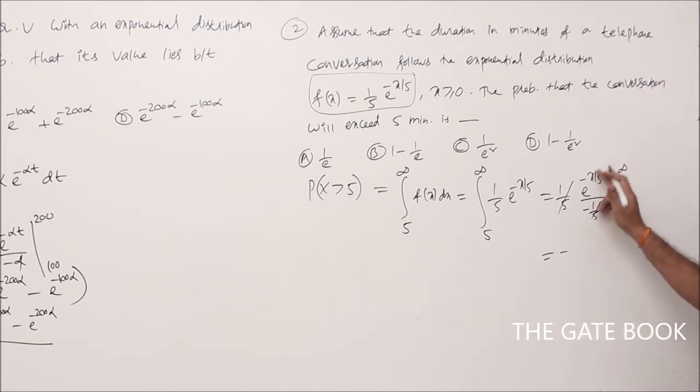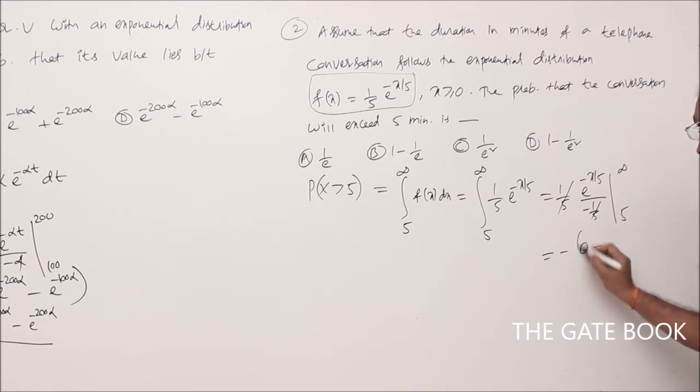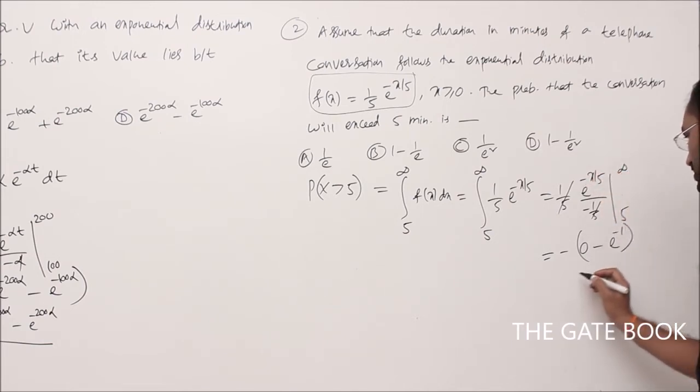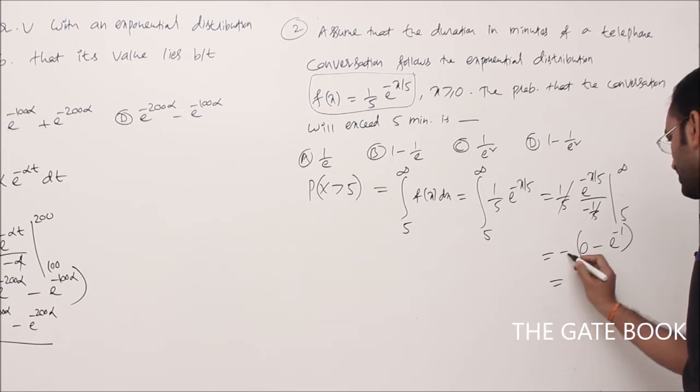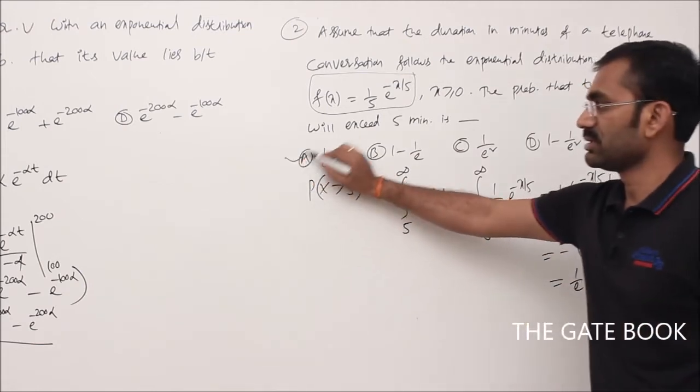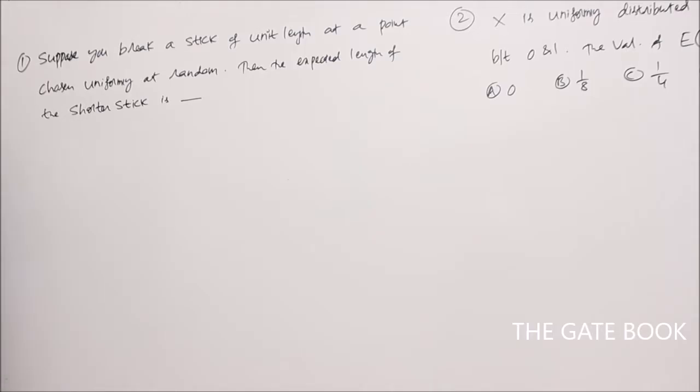E power minus infinity, the upper limit of x, is 0, minus e power the lower limit of x, which is 5. E power minus 5 by 5, that is e power minus 1. Minus times minus gives plus, so we get 1 by e. So that 1 by e, that is option A, is the correct answer. Now we will do problems on uniform distribution.